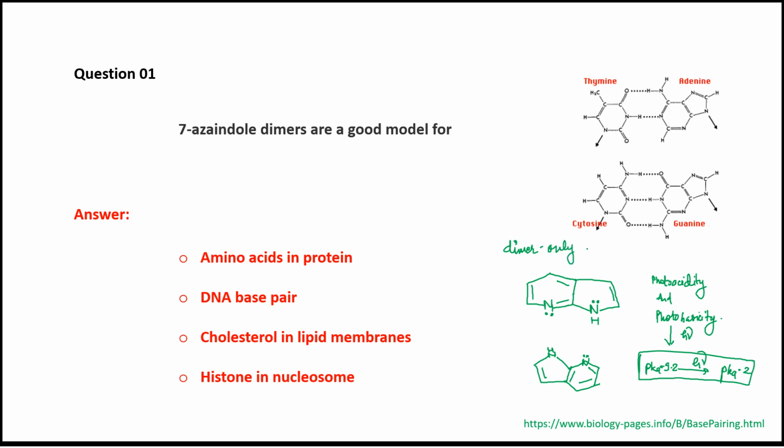When the concentration is high enough that they can form dimers, they interact in a way that this hydrogen, or this proton, is hydrogen bonded with the nitrogen of the other azaindole molecule, the sp2 hybridized nitrogen.